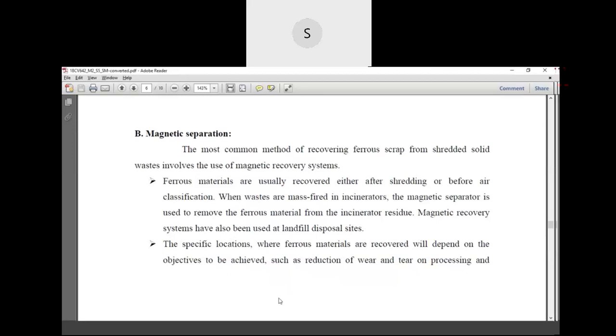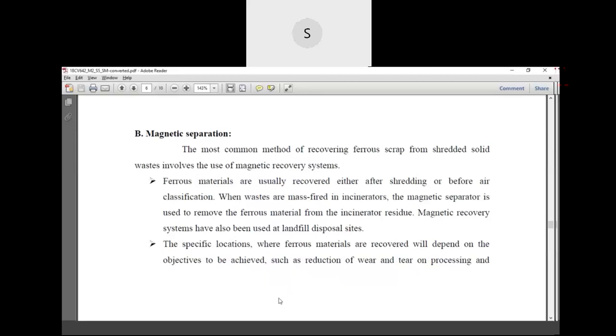The ferrous materials are usually recovered either after shredding or before air classification. When wastes are mass fired in incinerators, the magnetic separator is used to remove the ferrous materials from the incinerator residue. The magnetic recovery system is used at landfill disposal sites also.